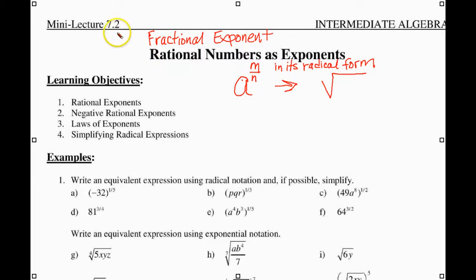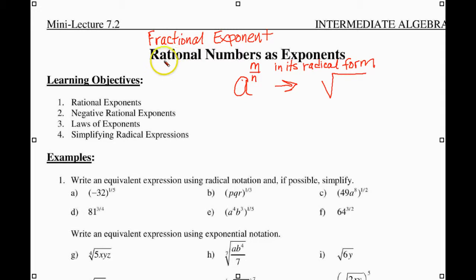As we go into topic 2 of chapter 7, we're going to be introduced to a very useful tool for working with radical expressions, and that is the rational exponents.